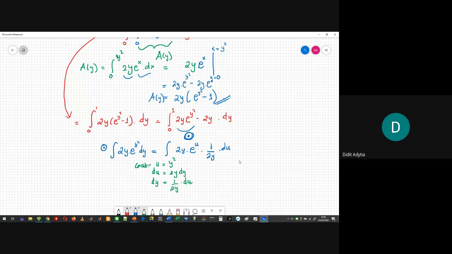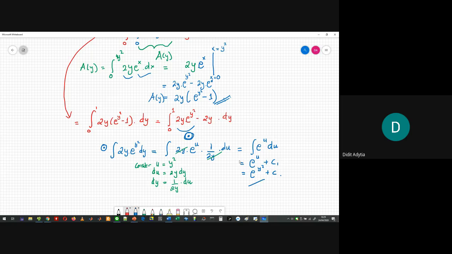Okay, and then now I cancel this, and then we have the integral of e^u du, which is what? Exactly the same, itself. Okay, e to the power of u plus c1, and then we replace the u with the original u, which is y square.